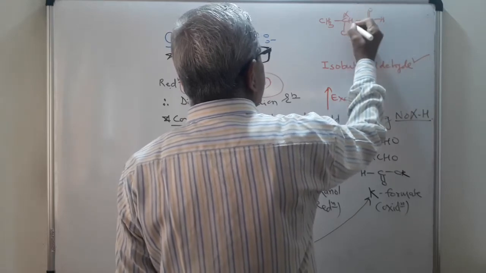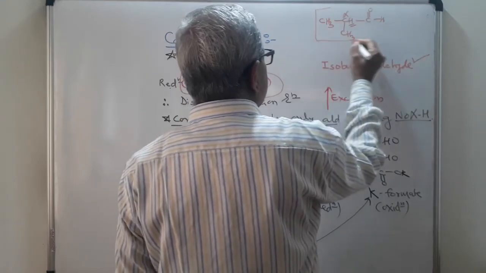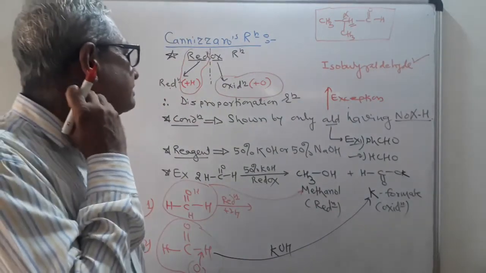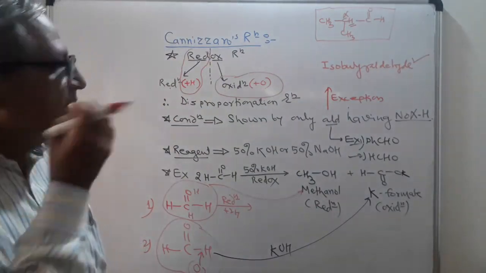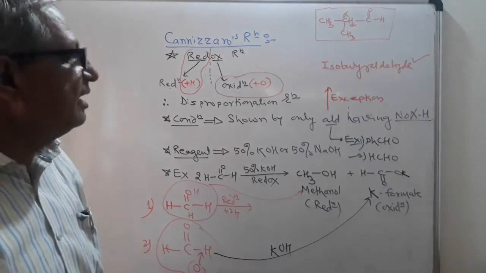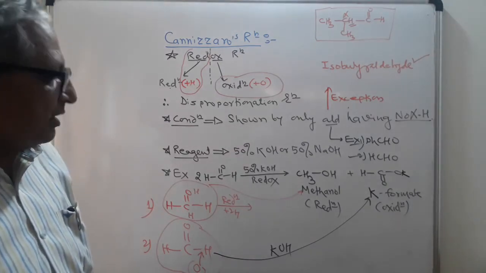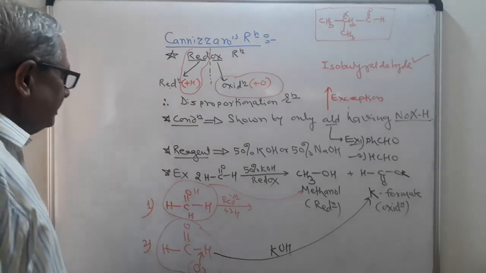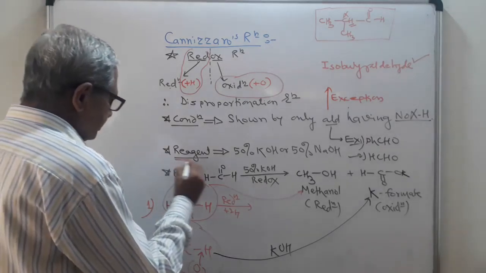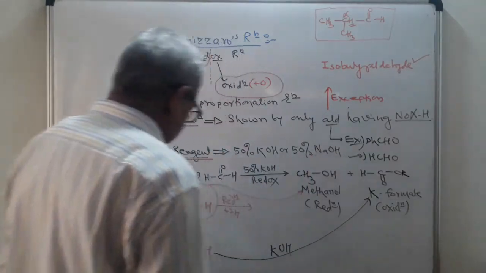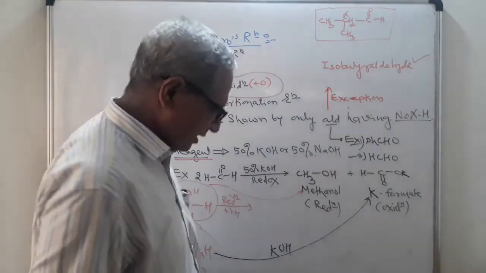It contains alpha hydrogen, but it undergoes Cannizzaro reaction. This is the exceptional case here. I will explain later on why this will undergo Cannizzaro reaction. Now see, the reagent used in this case is 50% NaOH or KOH. Reactions are explained here.